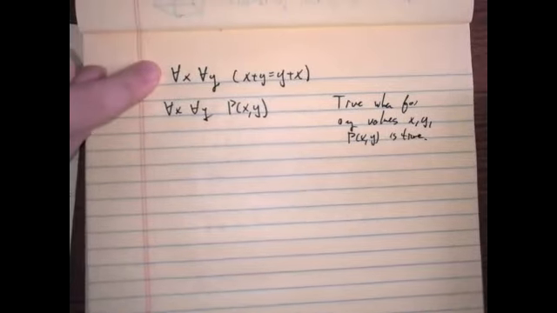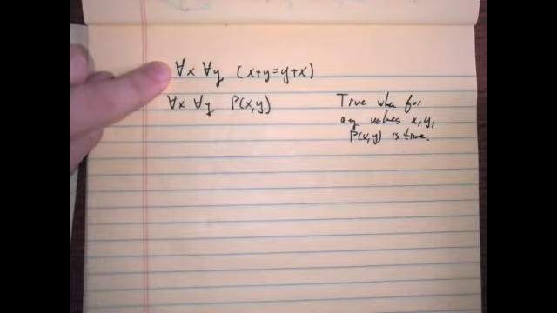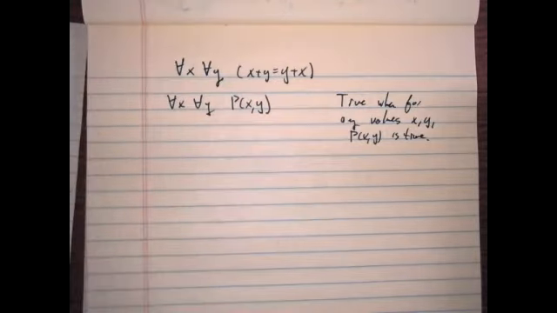And here's an example of some such proposition. For all x and for all y, x plus y is equal to y plus x, right? This proposition is true if we're working with, say, the integers or the real numbers or the complexes or whatever.